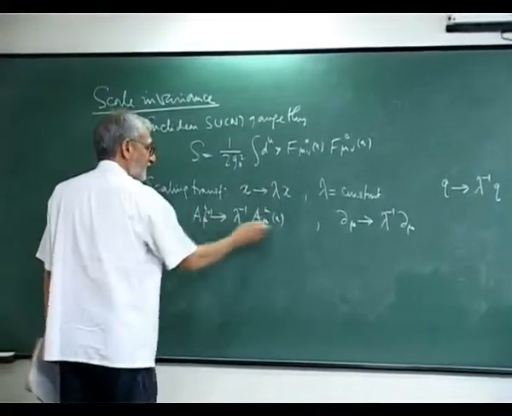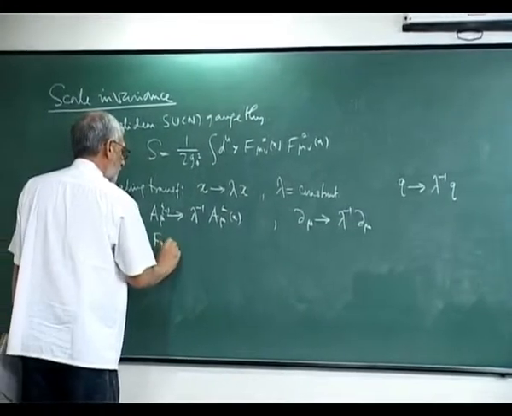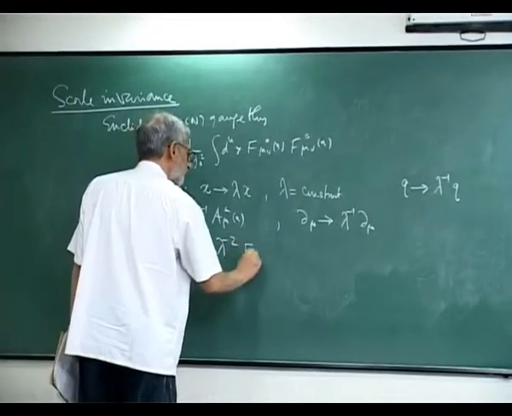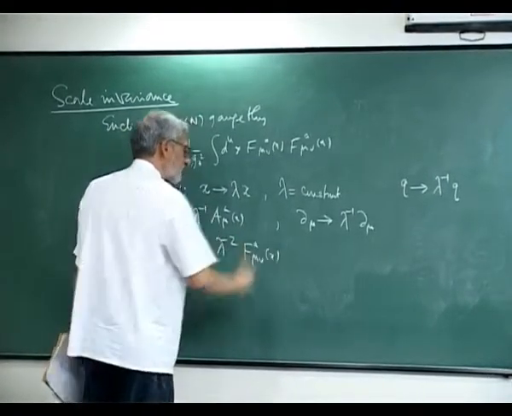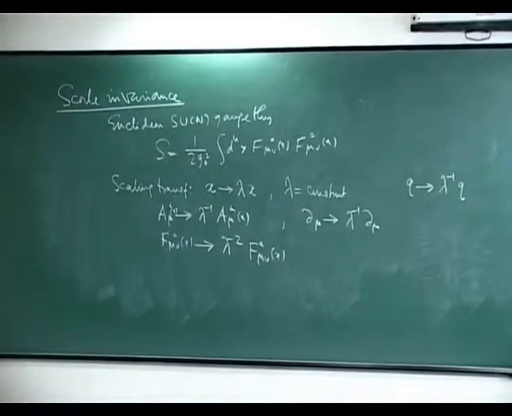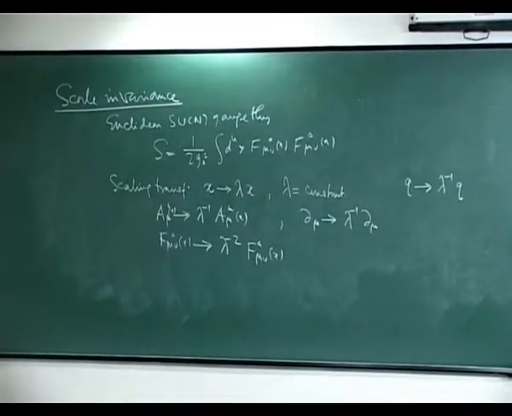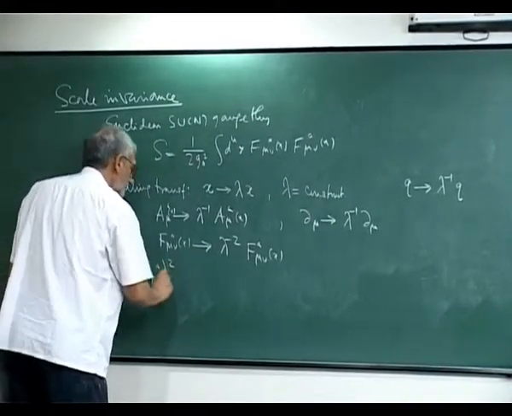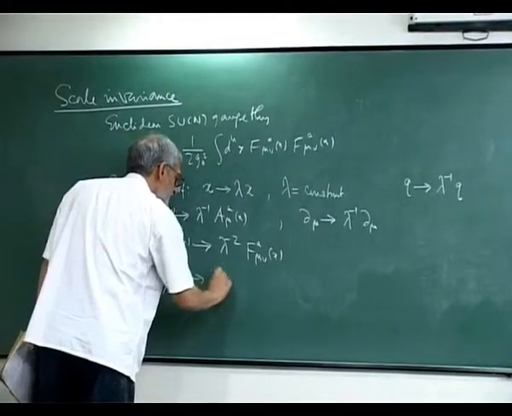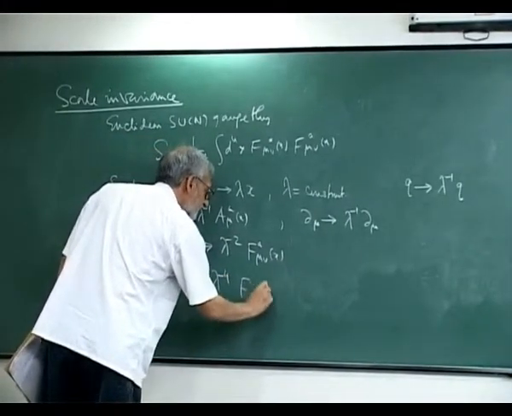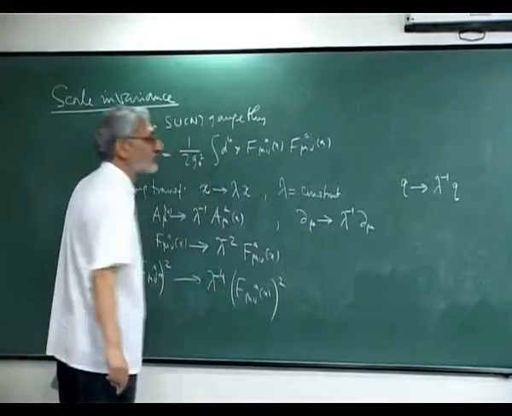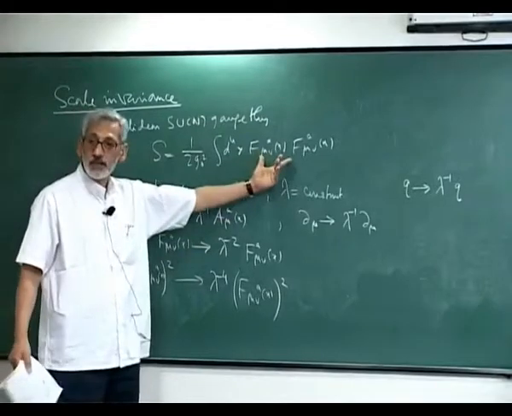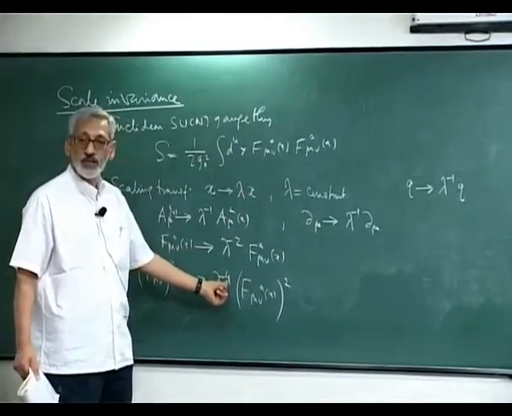From these two properties, F mu nu a scales like lambda to the minus 2, and F mu nu a squared, that is the object we have here, scales by lambda minus 4.